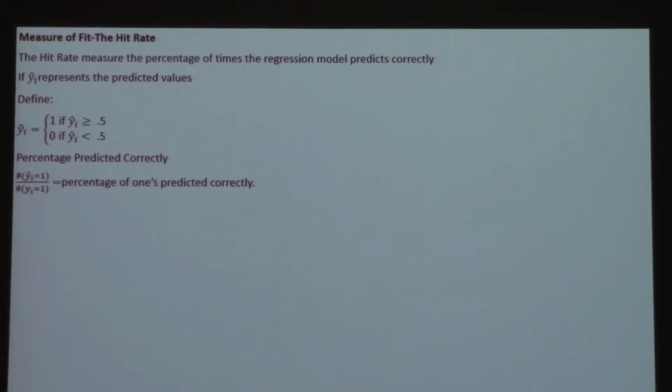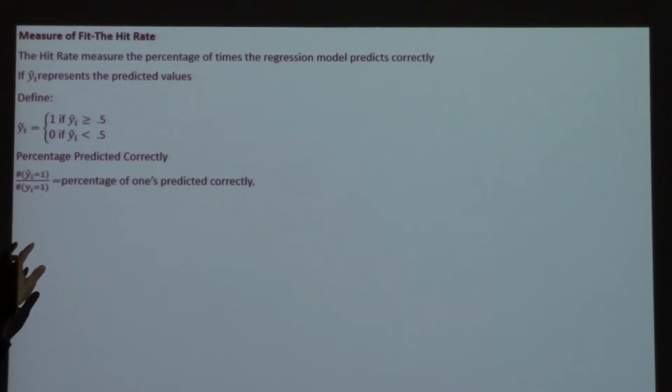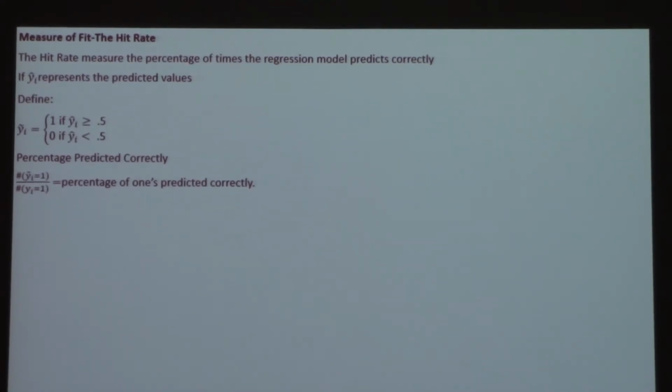So we're going to take the number of ones we predicted and compare that to the actual number of ones in the data. We want to see the percentage of ones that we predicted correctly. So how many people in the data that actually purchased were correctly predicted to purchase? Does that make sense? That's our percentage of ones predicted correctly.